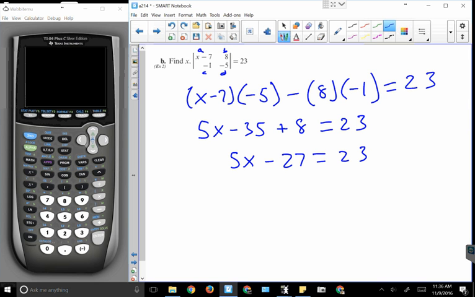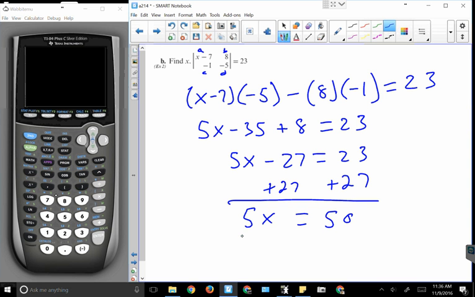Negative 5, negative 35, positive 8. Add 27. And I end up with 5x is equal to, that'd be 50, would it not? Divide by 5, divide by 5. X is equal to 10.